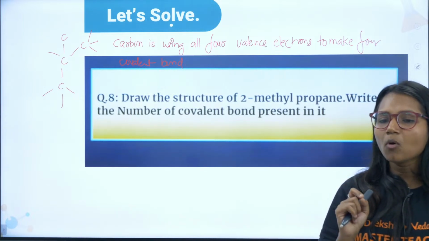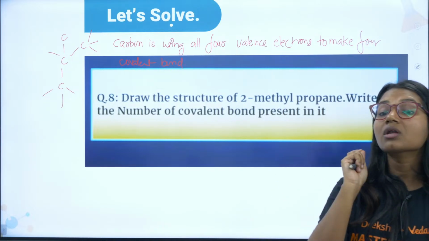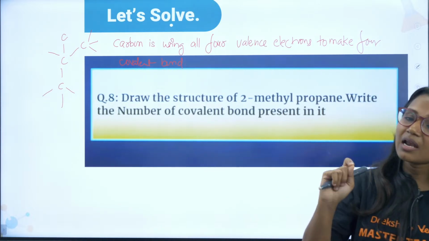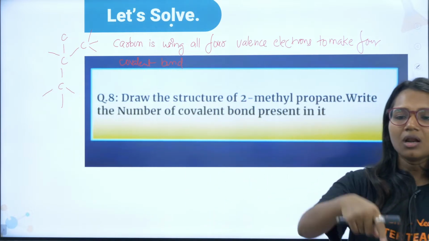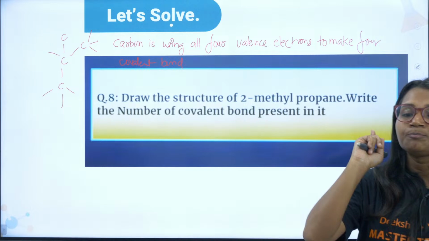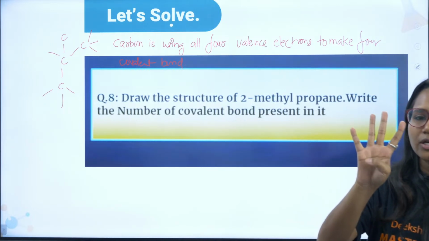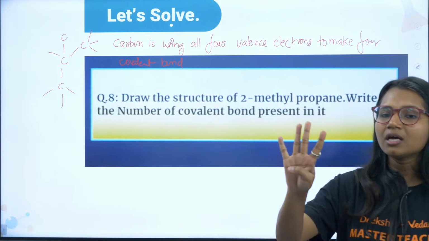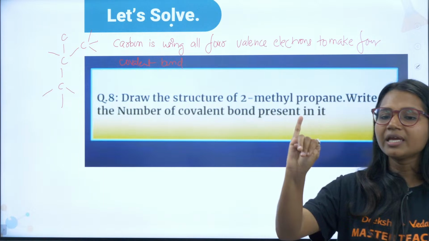Are you getting my point? It is not about diamond valency. It is about carbon valency. Carbon in coal, carbon in diamond, carbon in graphite, everywhere carbon has 4 electrons. But in graphite, out of 4, it is using only 3 electrons, 1 free.